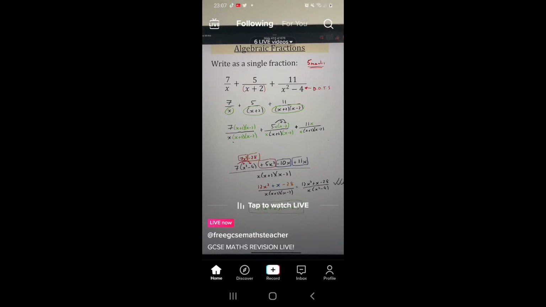Which part did it cut out at? So I'm not sure if that froze or not. So again, apologies if that froze again.